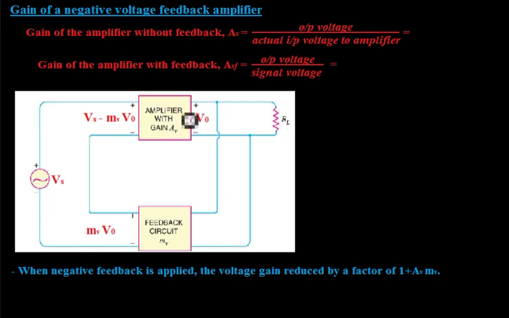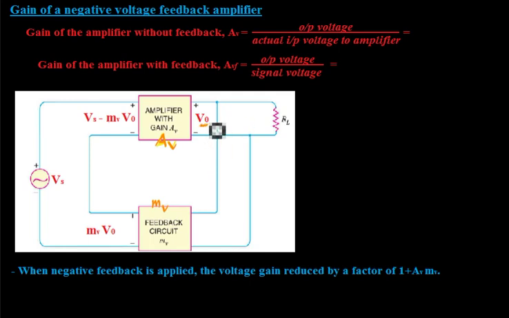Here we are having an amplifier circuit with the gain AV, and a feedback circuit which feeds back a fraction MV of the output voltage back to the input.